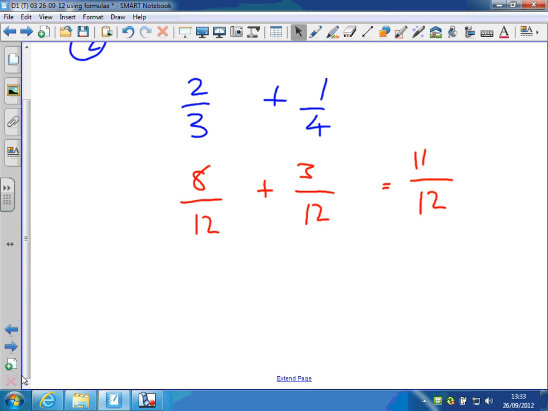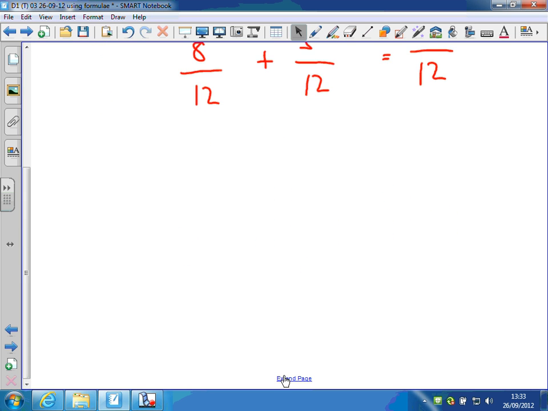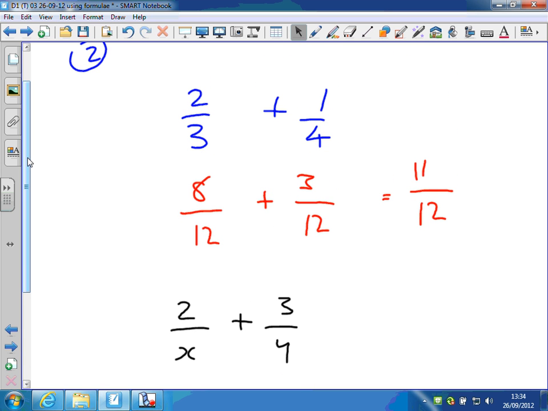Now, look at this one. Okay? The reason why I'm hanging on about these fractions is that they come into algebra. X is a number, Y is a number. I'm after a common denominator. What did I do to find that the common denominator of that was 12? I multiplied it together. 3 times 4 is 12.